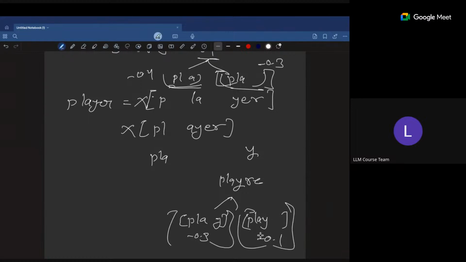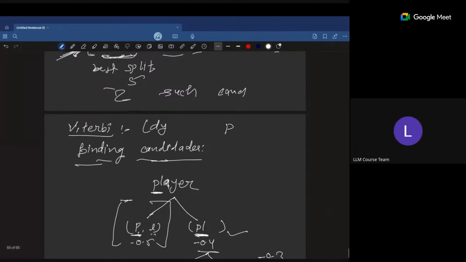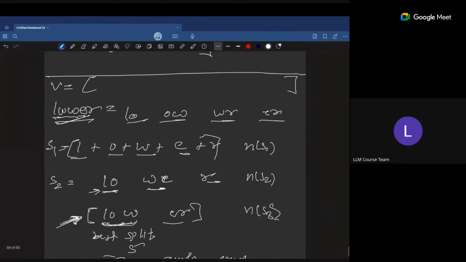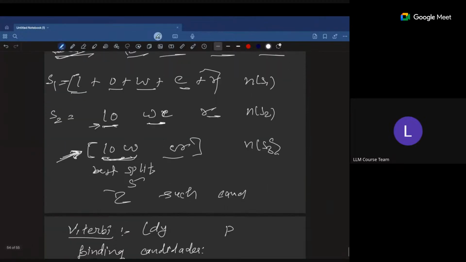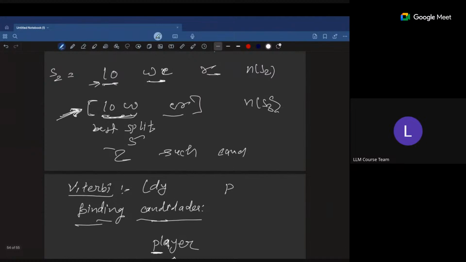It keeps doing this, discarding candidates. This is how it is used in the SentencePiece algorithm. Apart from this, even if you avoid this algorithm, the computations will be large. You have to look at each candidate to find the best split, and you have to do E and M steps iteratively until you get the final vocabulary. So this is how SentencePiece works.